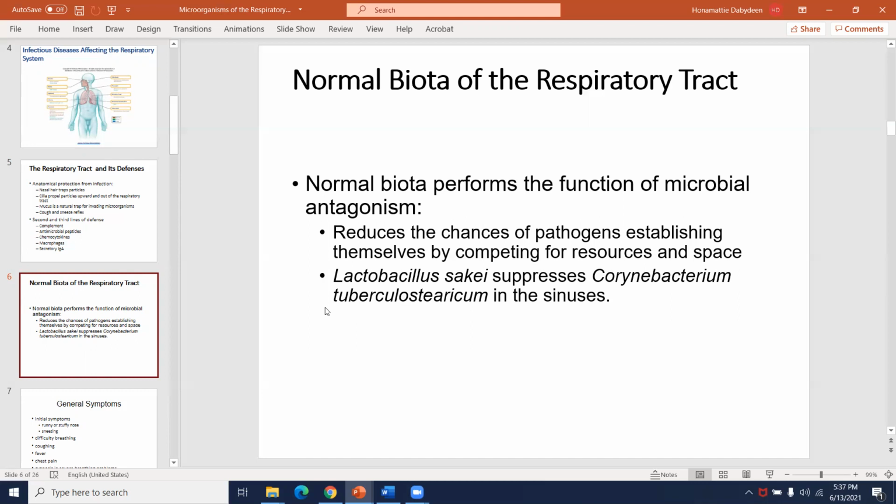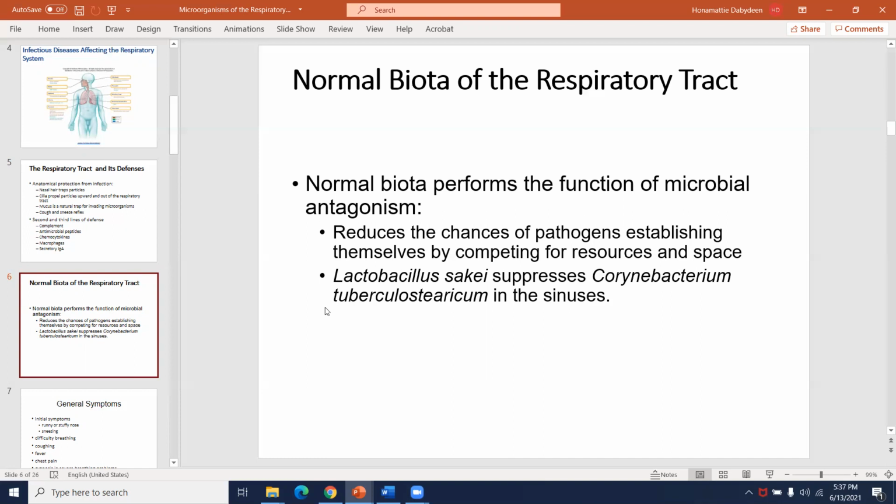But again, there are some highly pathogenic organisms among your normal flora. But as long as they are suppressed and they don't get out of proportion and they still remain within their limits, they're still going to be okay.